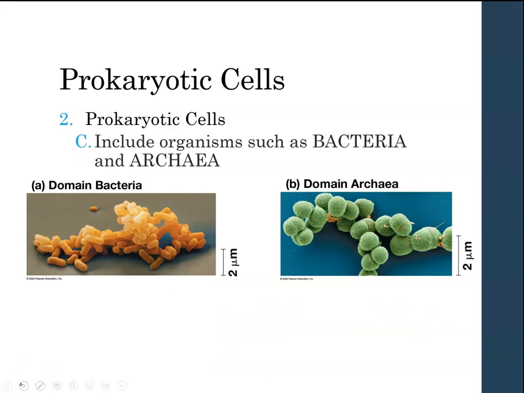Prokaryotic cells make up 2 of our 3 big domains. So a domain is basically a large group, a big, huge group of organisms. There are 3 domains. We've got bacteria. You are all familiar with those.